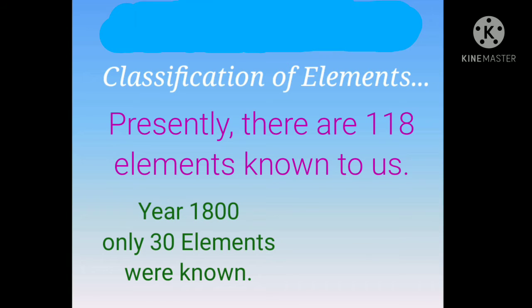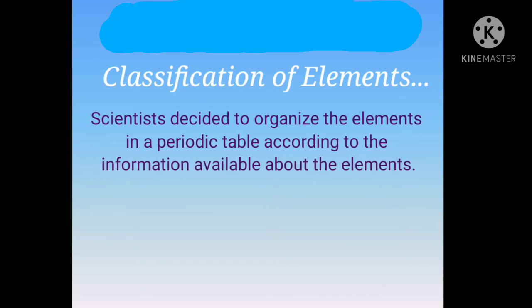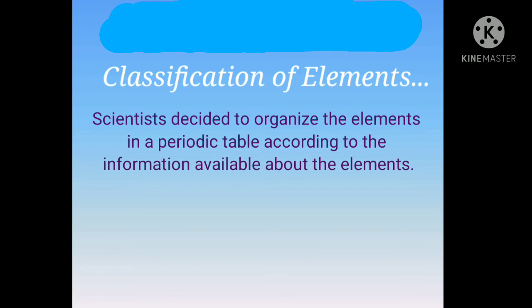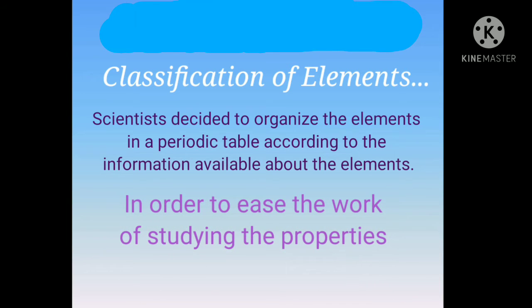More elements were discovered in the course of time, and more information about their properties was gathered. Now, as the number of elements is large, grouping becomes important to study them, and hence the classification of elements is necessary.